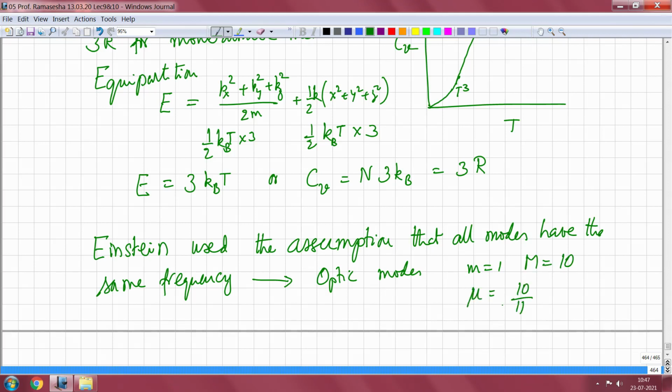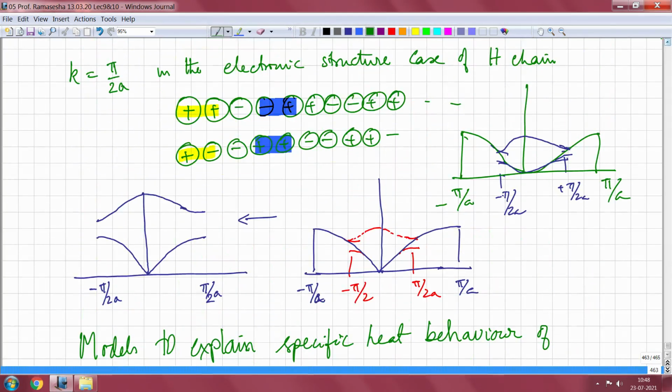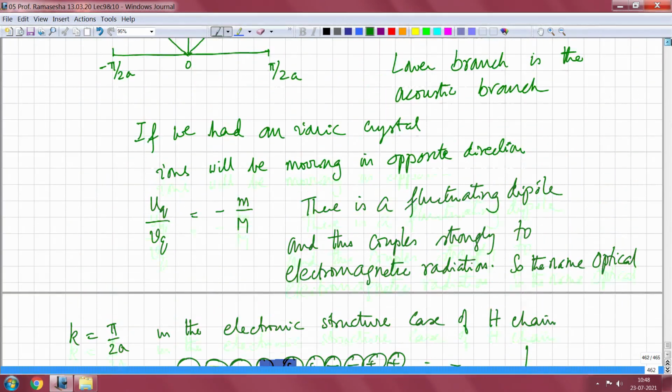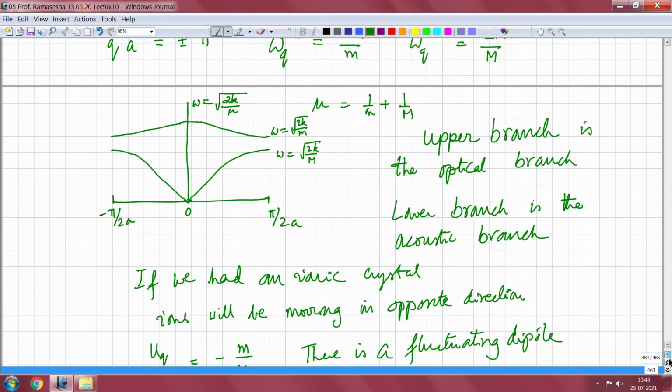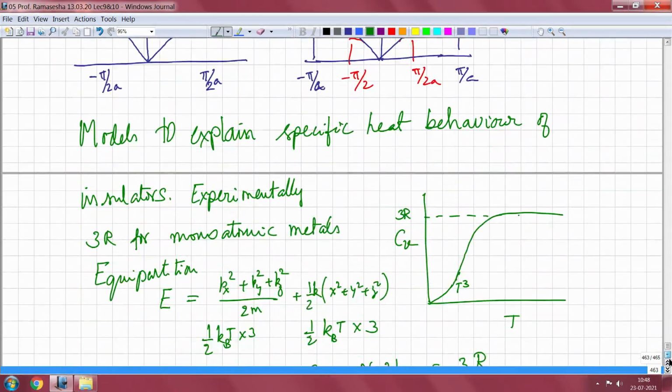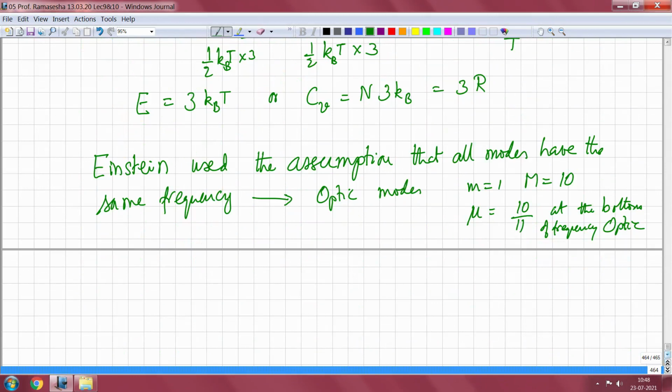And that is at the bottom of the energy frequency of the optic mode. This one was the top of the energy of the optic mode, root of 2k upon mu. And here it will be at the other end, where mu is equal to 10 by 11, so it comes in the denominator, right.